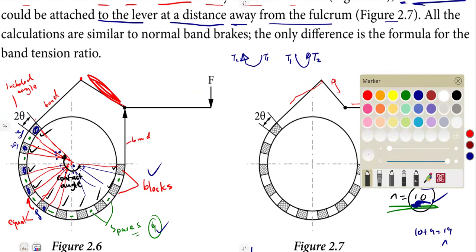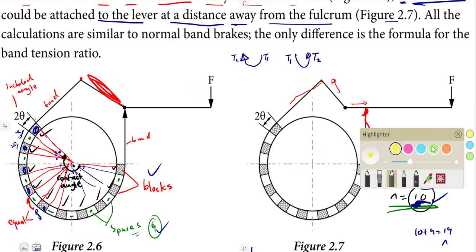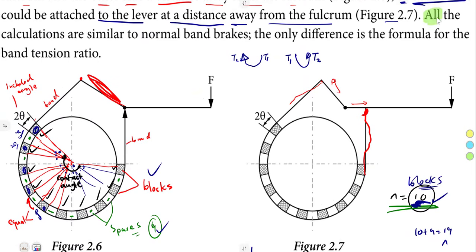So you must note that, like I said before, the calculations are similar to normal band brakes. All calculations. The only difference is the formula for the band tension ratio. That is where we are going to differ.